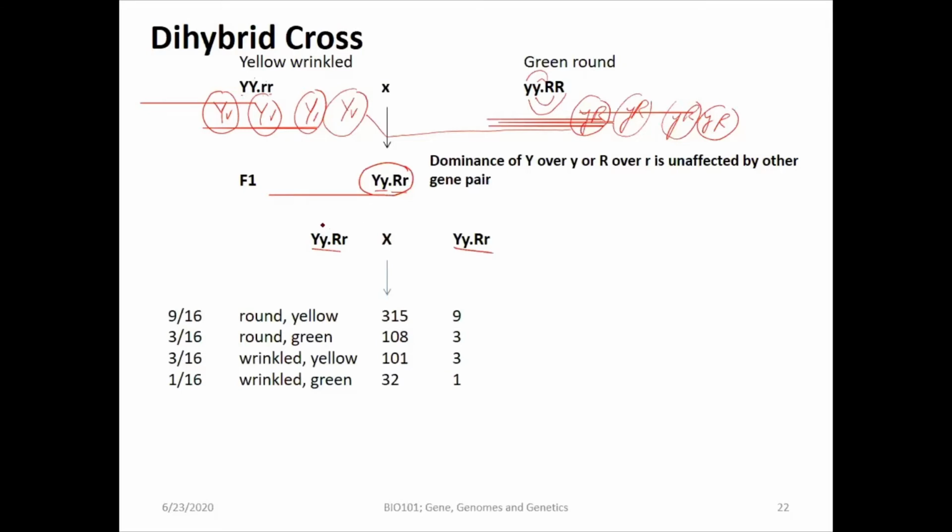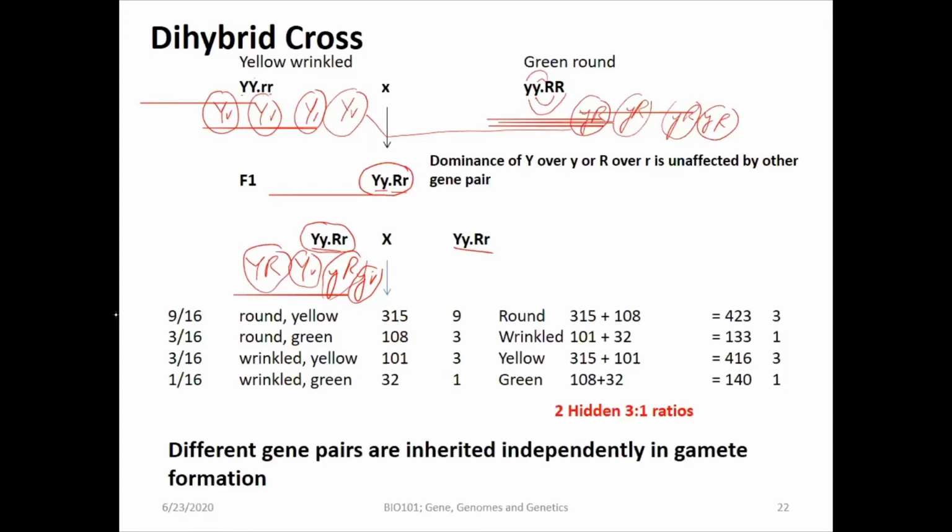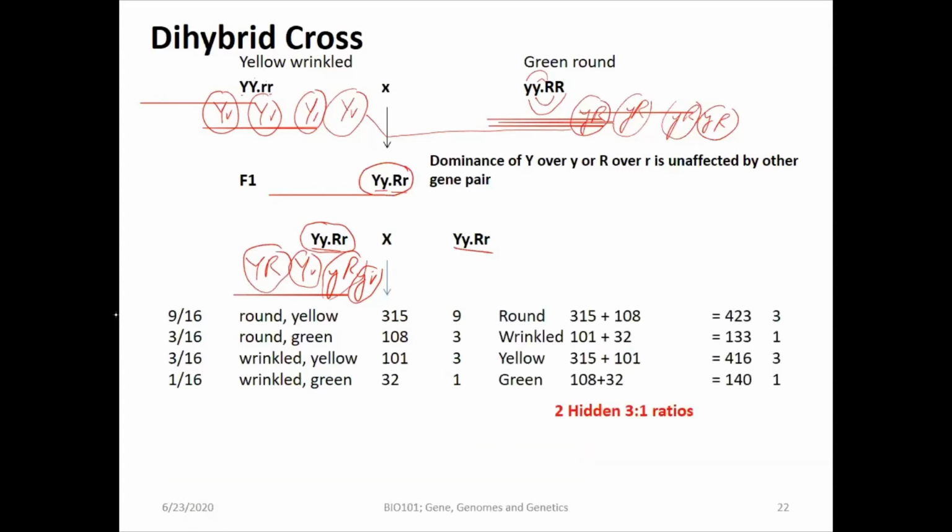But first tell me what this parent will contribute. So capital Y capital R, capital Y small r, small y capital R, and small y small r. Very good. So 1, 2, 3, and 4. Okay. So what Mendel did, he said, okay, we go to the next generation, and he got 16 combinations.